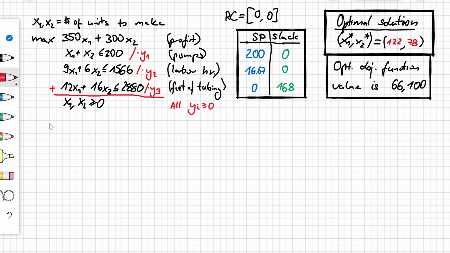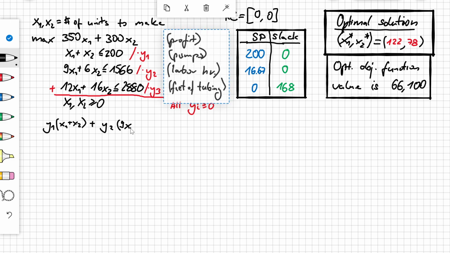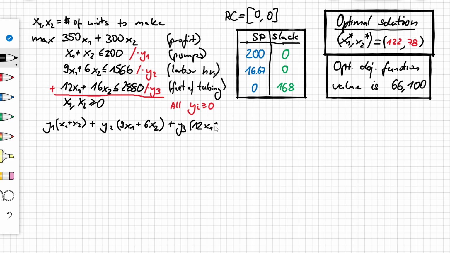So what am I going to get? Let me write this down. I'll have y1 times (x1 plus x2), plus y2 times (9x1 plus 6x2), plus y3 times, from the third constraint, (12x1 plus 16x2).